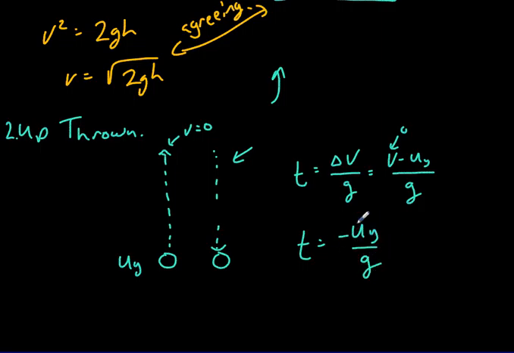Now, why is there a negative value on here? Because in this case, we're saying g is down. Depending on how you want to look at this, personally, I like to get rid of that because I realize that the signs on these two things are the same. The change in velocity is going to be in the same direction as the accelerating force on the object. Does that make sense?